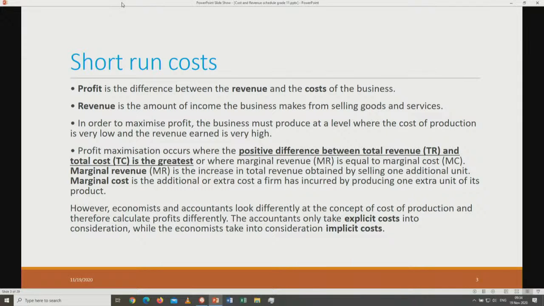Economists and accountants look differently at the concept of cost of production as well as the calculation of profit. When we look at it from the point of view of accountants, they take into consideration what we call explicit costs. Whereas economists, on the other hand, when they calculate profit, in addition to explicit costs, also consider implicit costs. We will explain the difference between the two.